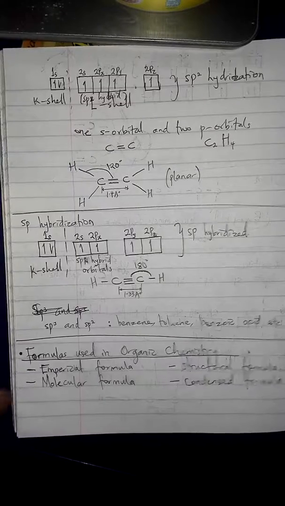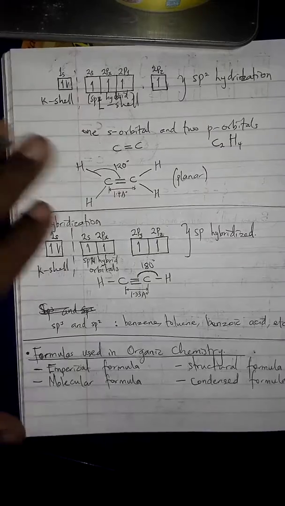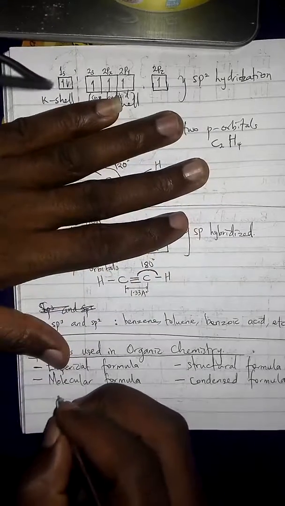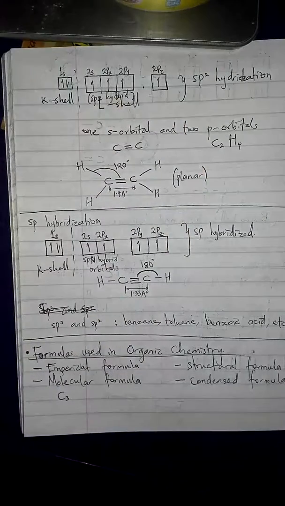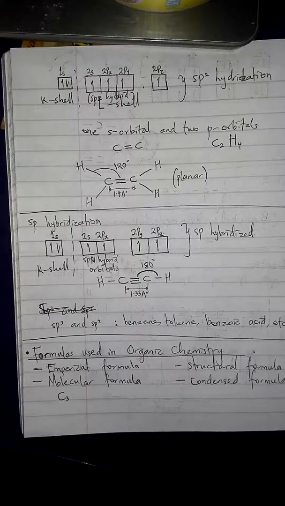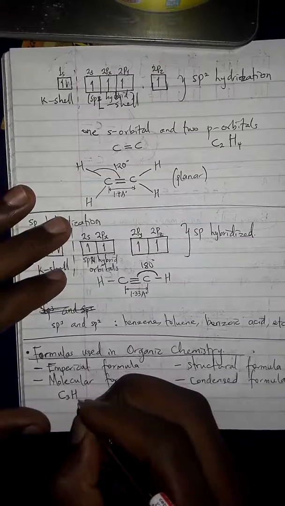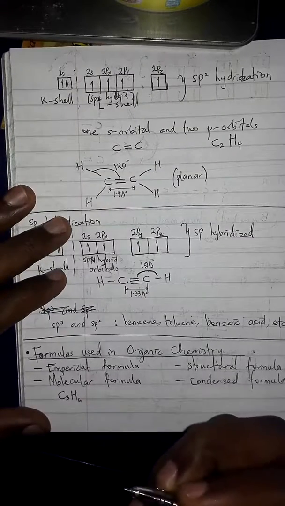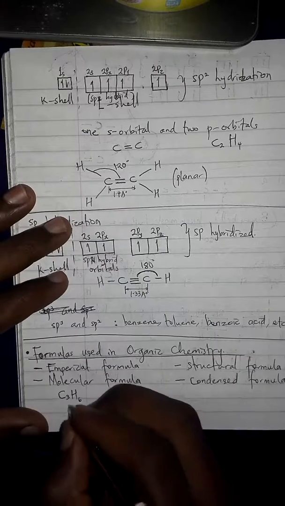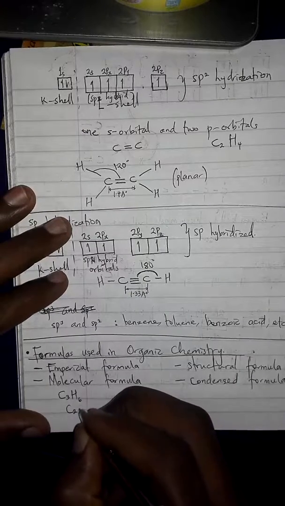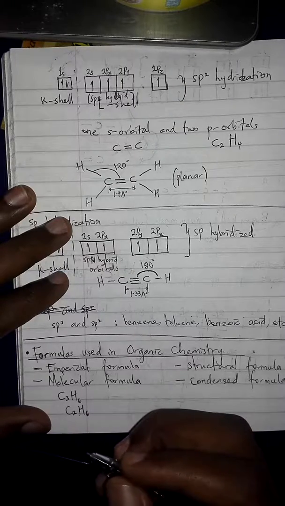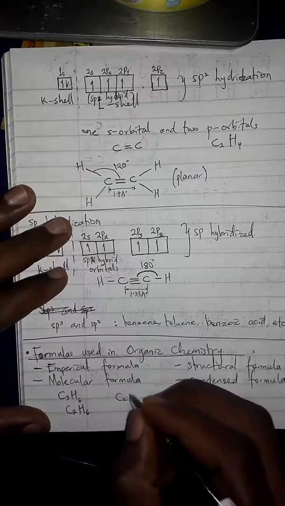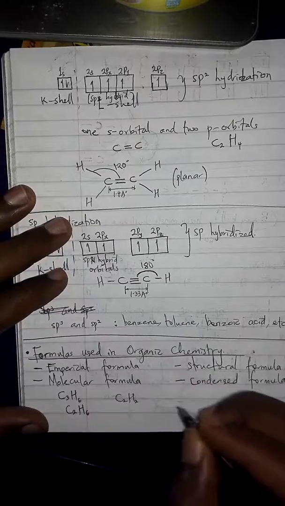This is what I mean by simplest. If you have a compound like C3H6, or you have something like C2H6, or you have something like C2H2.